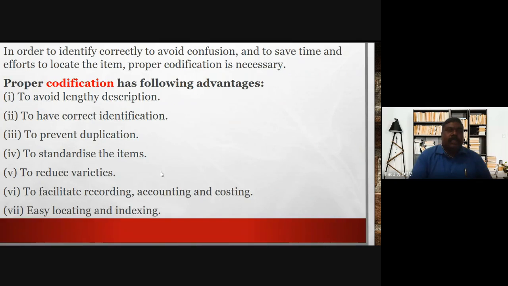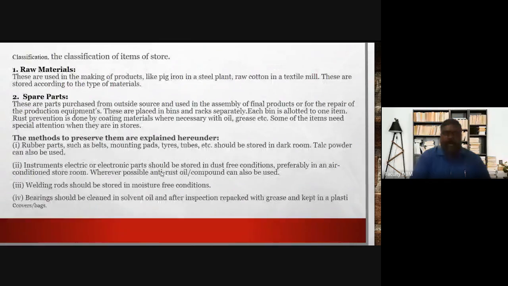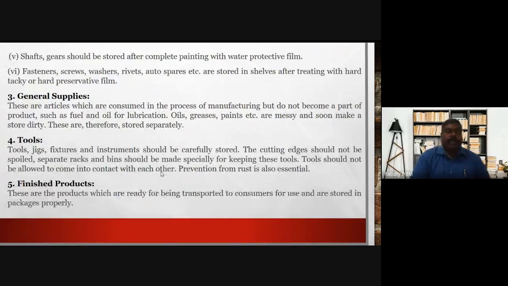So next, this is the classification. How we are going to do it: raw material separately, spare parts separately, and we are going to maintain and preserve these products in this manner.